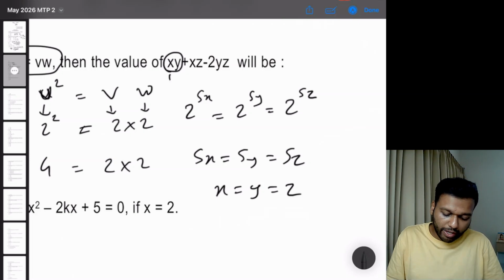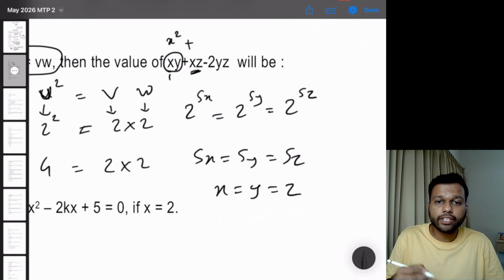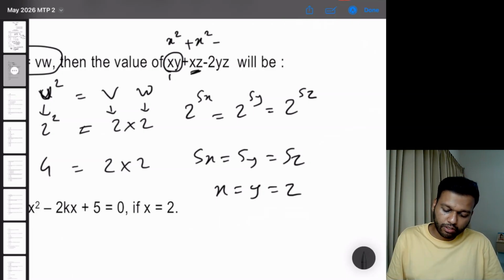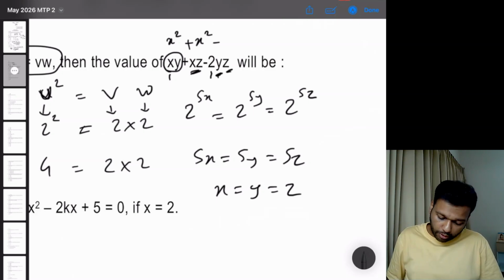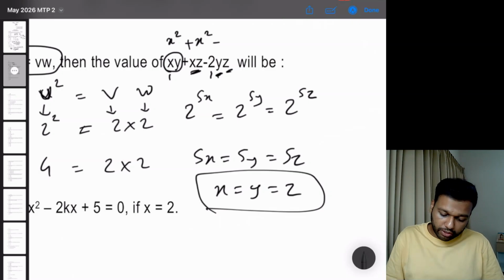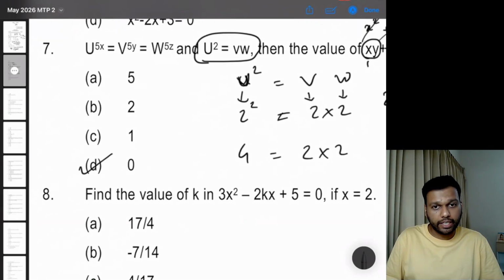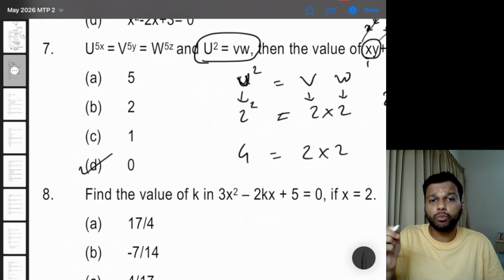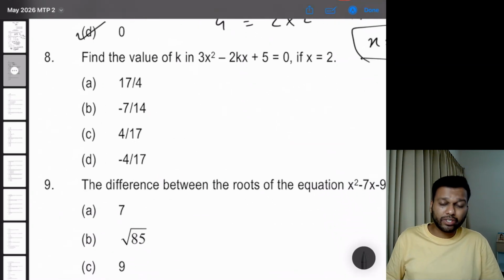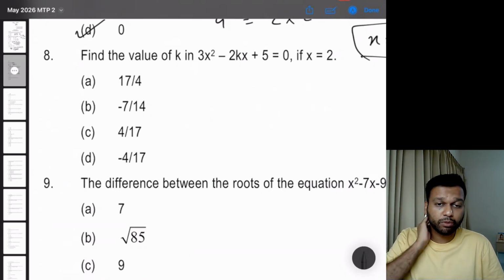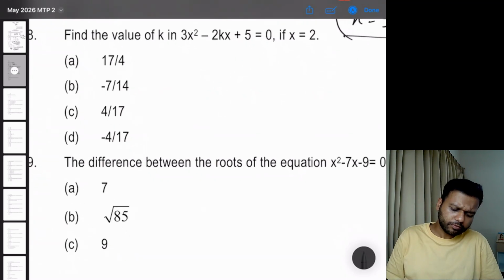So x into y means x into x, so that is x square, plus x into z is also x into x, that is again x square, minus 2 into y is also x and z is also x from this, right? So that means 2 into x, that is 2x square. So if you see, everything gets cancelled, x square plus x square minus 2x square, 0 is the correct answer, option D. So always try to see if you can put some numbers directly in question, especially in questions of first chapter, ratio, proportion, indices, logarithm, right?